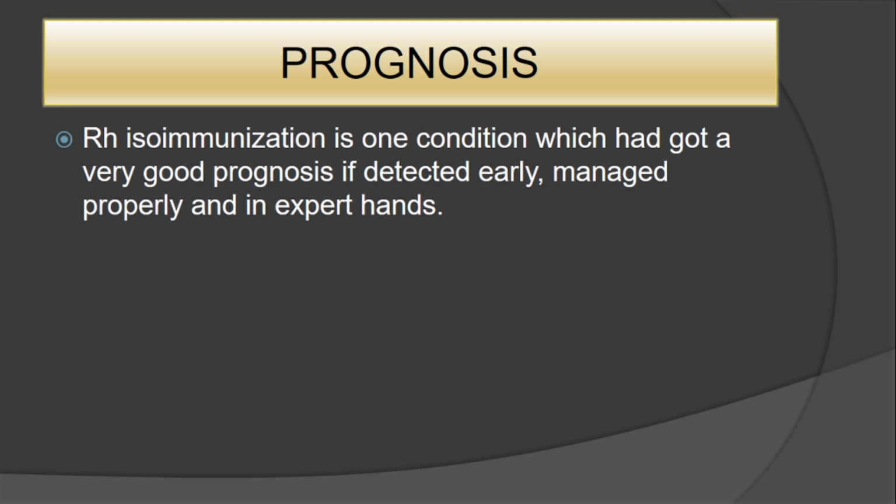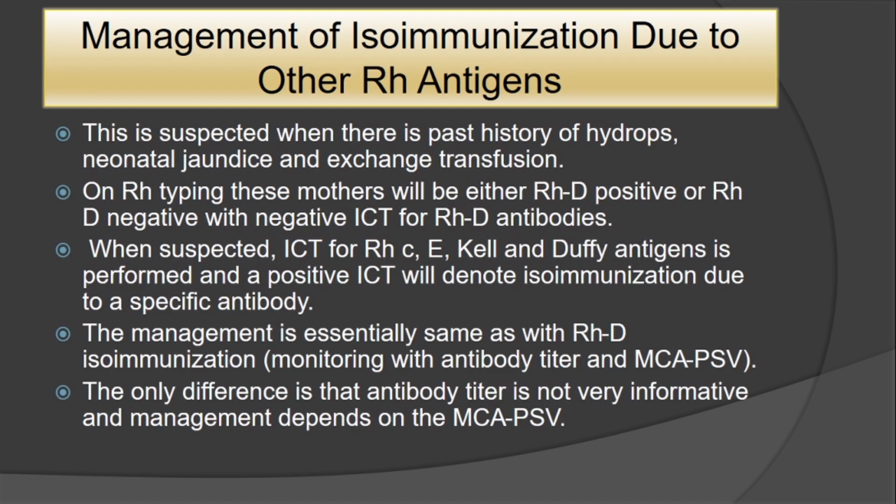The prognosis for Rhesus Isoimmunization is good, particularly if it is detected early and managed in expert hands. The prognosis will be good. However, if not properly managed, the fetal prognosis is bad.